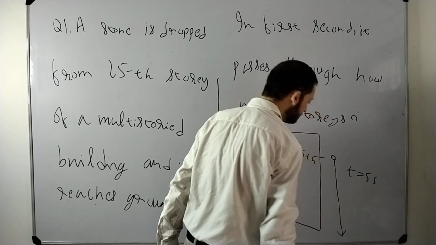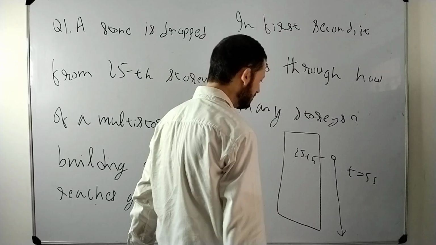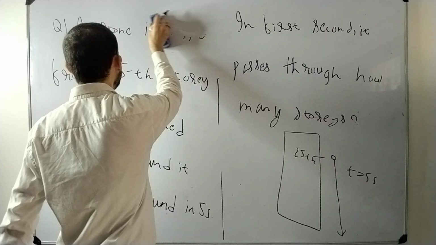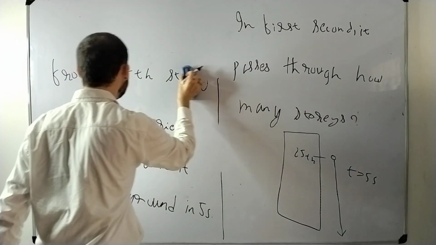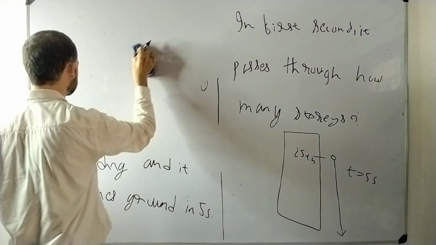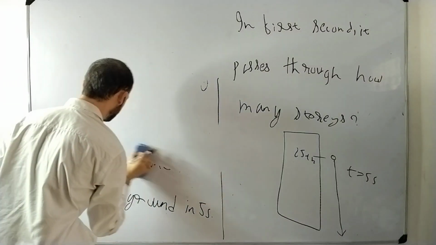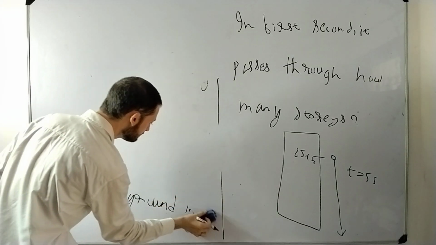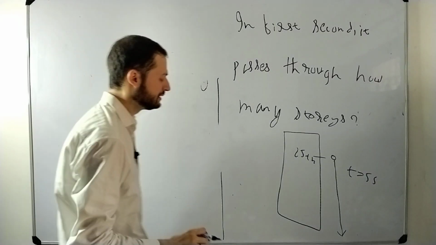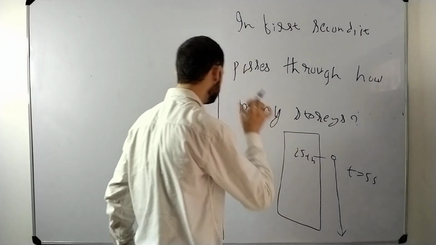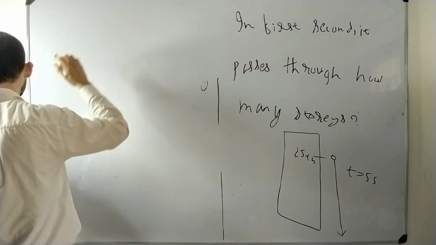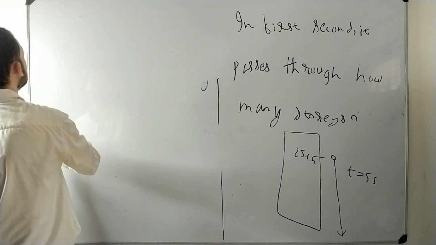In the first second, how many floors does it cover? Note, we are not given the building height. So what should I do? I should calculate the whole height, right students?